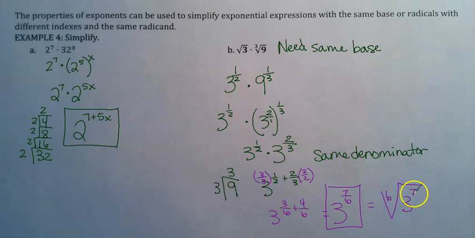Hey, the 7 is bigger than the 6, right? So we can actually simplify. I can take out 6 of these, because I want 6, and I would have 1 left over in here. So this would equal the 6th root of 3 on the inside to the power of 1, and I would have a 3 out here.